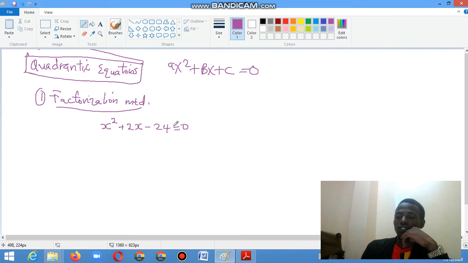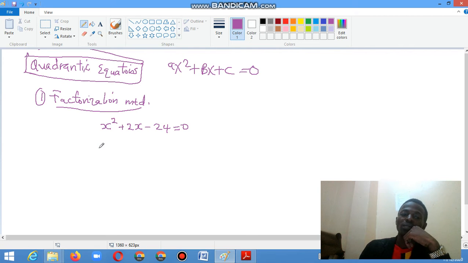The first step is to find the factors. And how do we get factors? You get factors such that when you multiply, you get negative 24, and when you add them, you get 2, which is the coefficient of x.